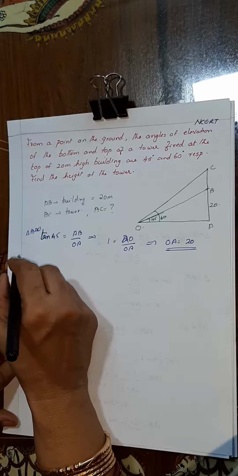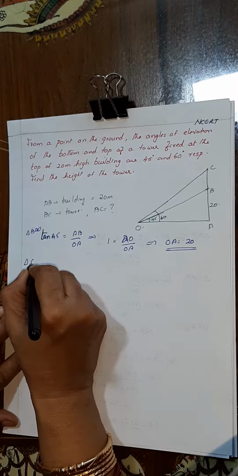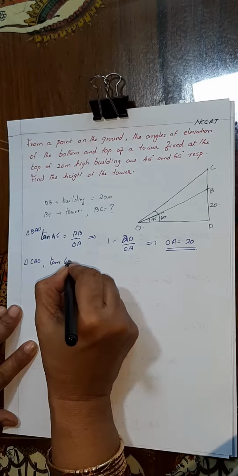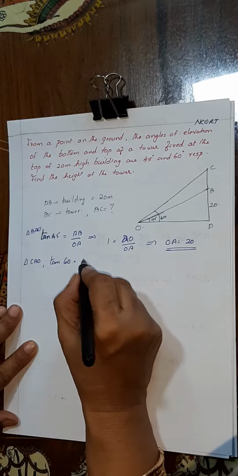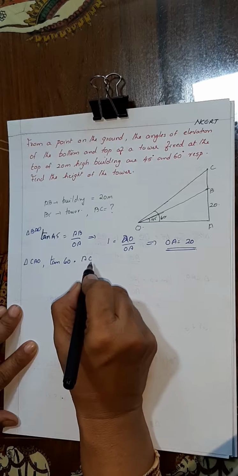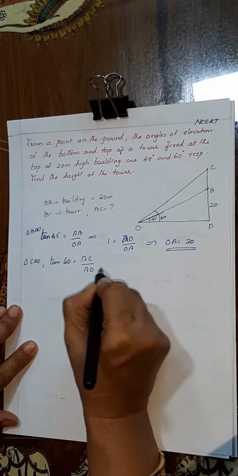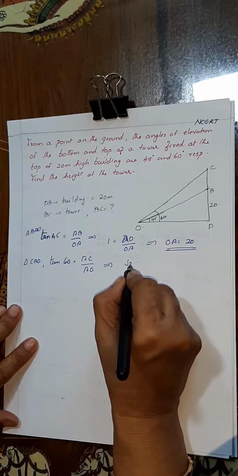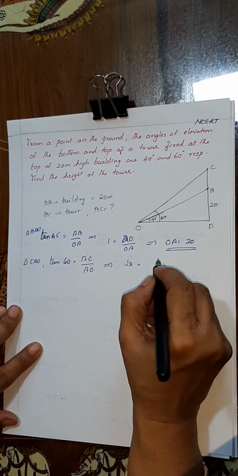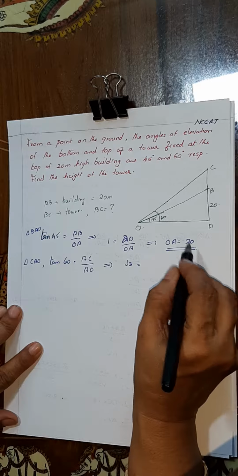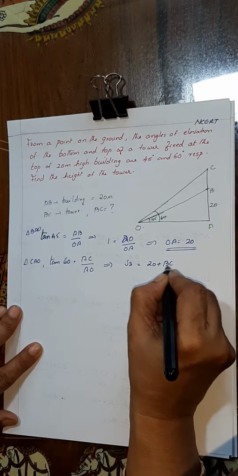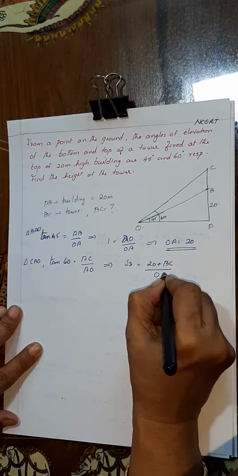Now in triangle CAO, tan 60 is equal to AC by AO. Tan 60 is root 3 is equal to AC is 20 plus BC by OA.